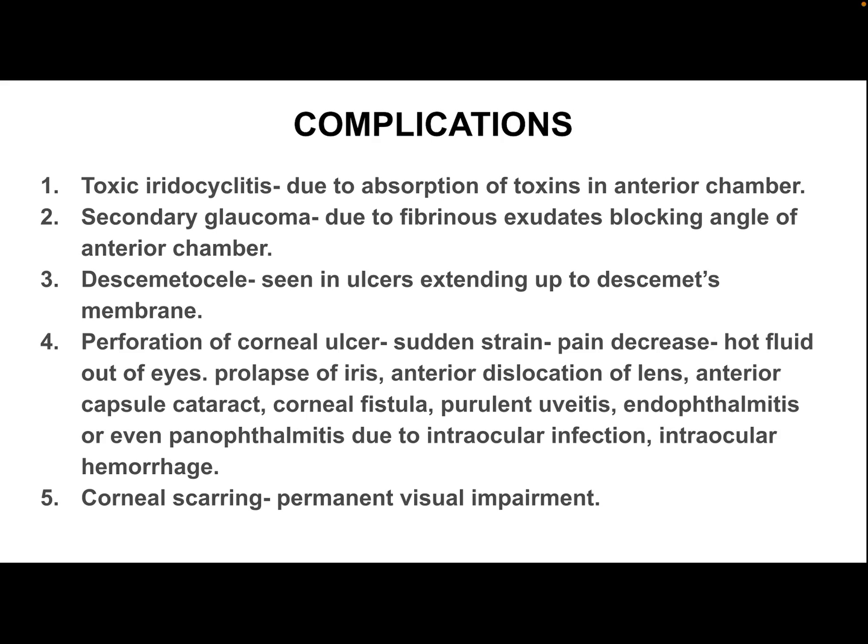Like the infection is getting disseminated, the entire eyeball is getting infected, and it can lead to panophthalmitis, which is a very serious condition. Then intraocular hemorrhage, which can be due to vitreous hemorrhage or due to expulsive choroidal hemorrhage. And this will occur in some patients due to sudden lowering of intraocular pressure.